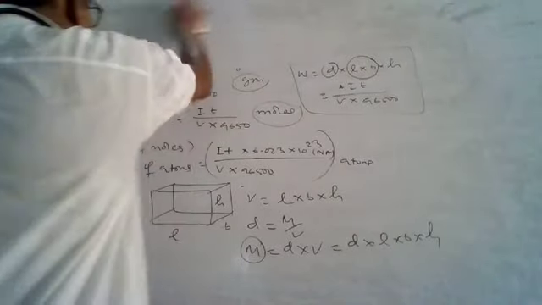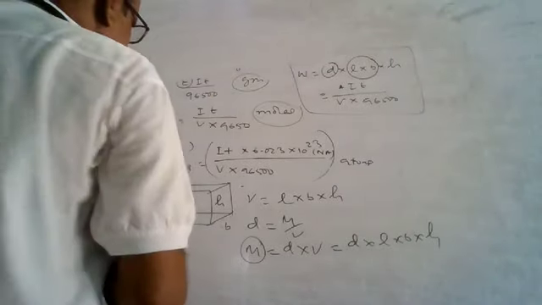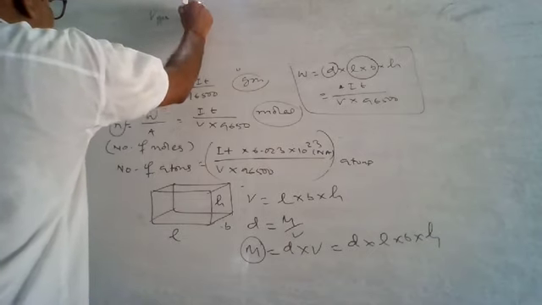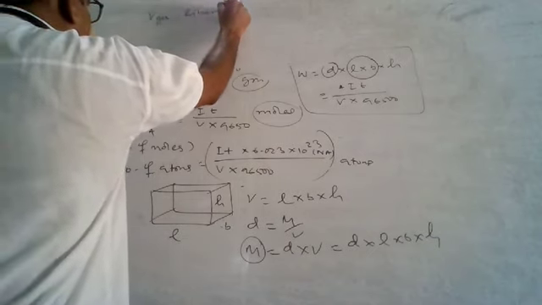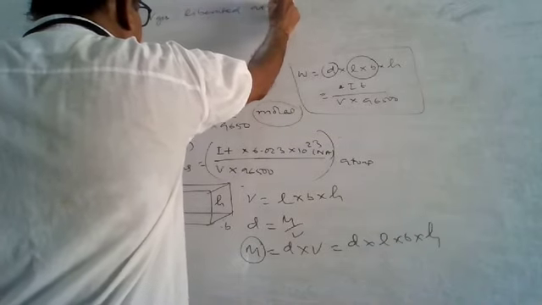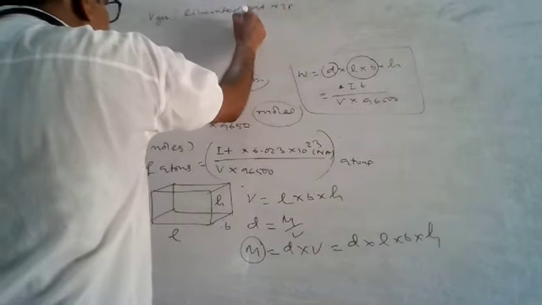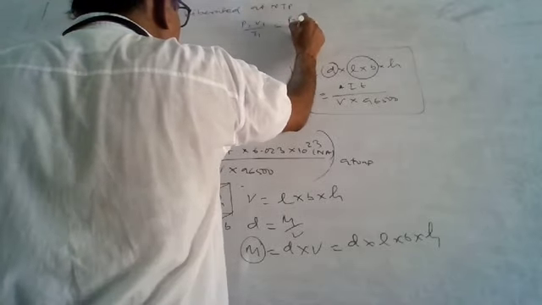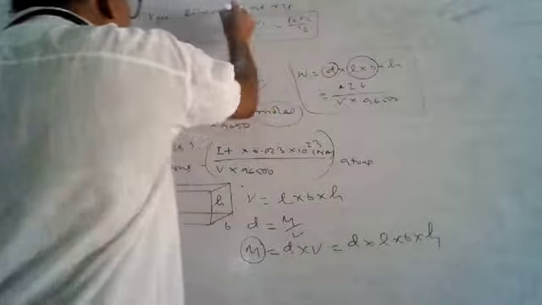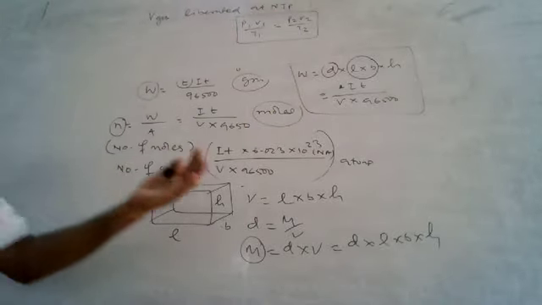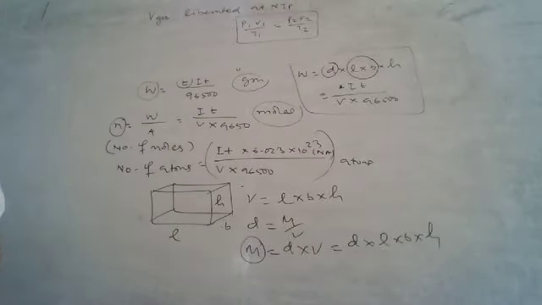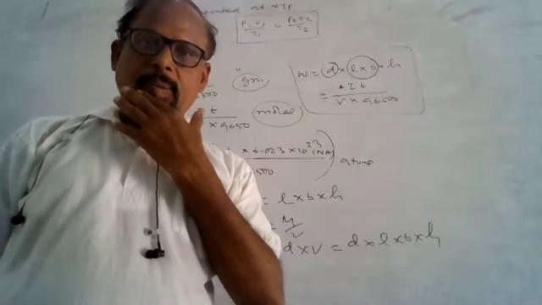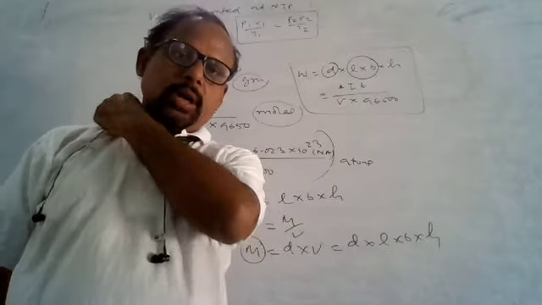So now calculate the volume of gas liberated at LTP. If it is not at LTP, then you can use the P1V1 by T1 equals P2V2 by T2 formula to calculate it. You can convert it from one form to another, so that way you can convert the NTP volume.